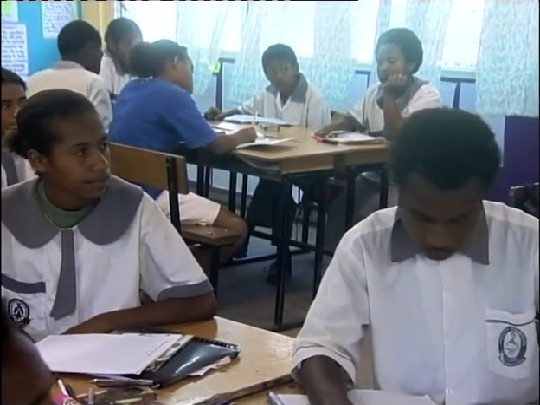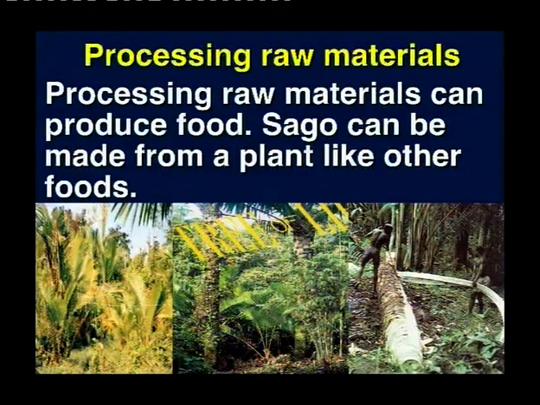Gail, can you read for us what it says about raw materials? Processing raw materials can produce food. Sago can be made from a plant like other foods. Okay, other foods besides sago can be produced from raw materials.